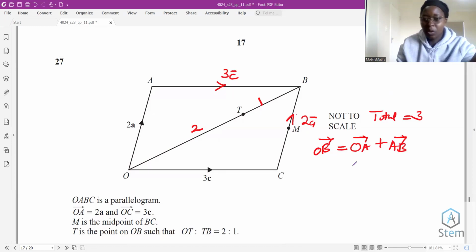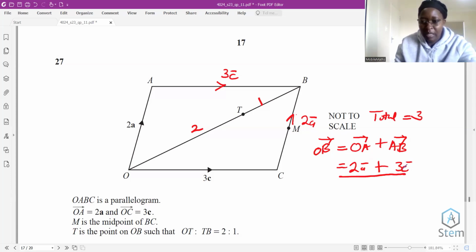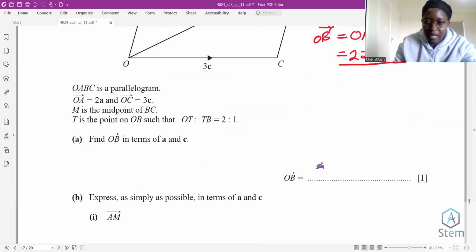So that's the route we can go via OA. So this is going to give us 2A plus 3C. So that's our OB. Let's write our answer.